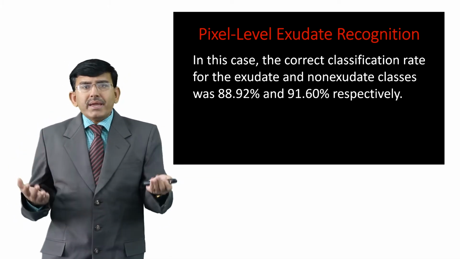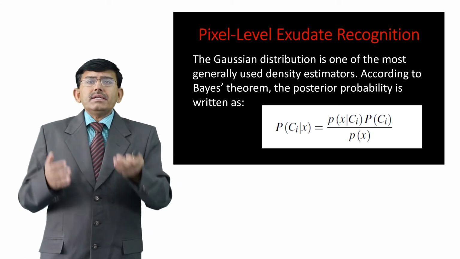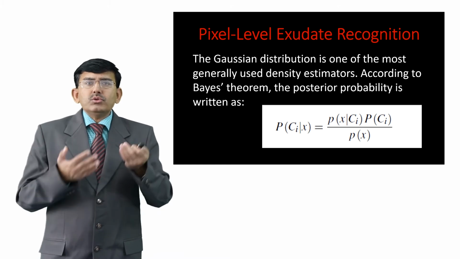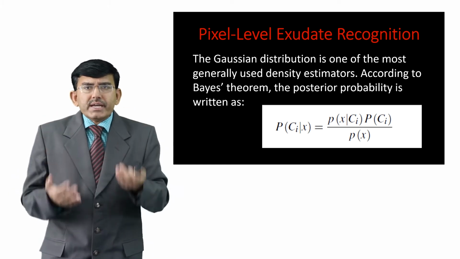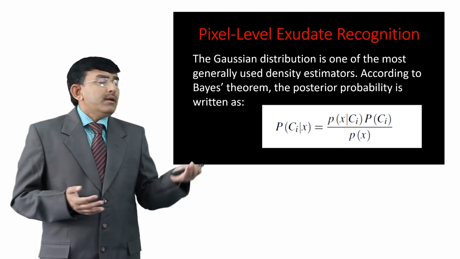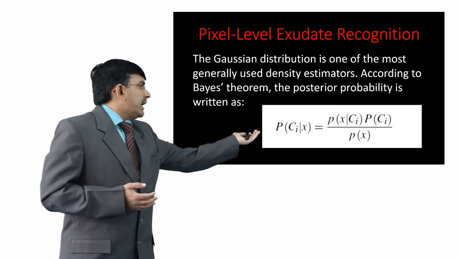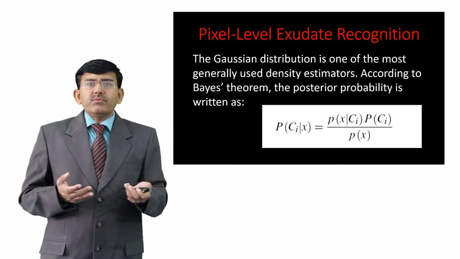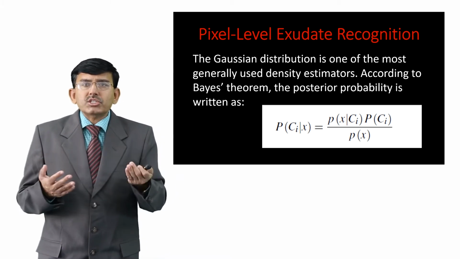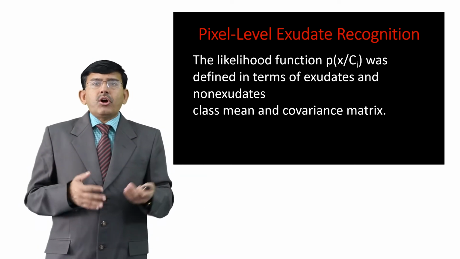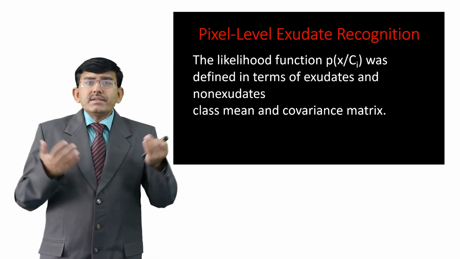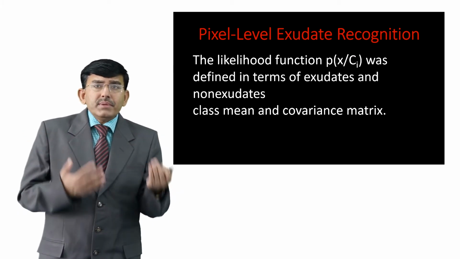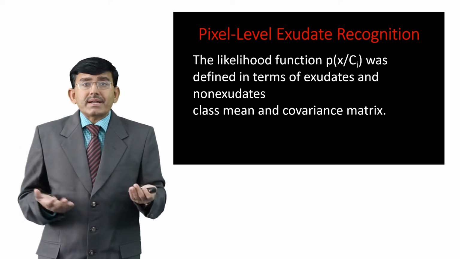respectively for the images. The Gaussian distribution is one of the most generally used density estimators. According to Bayes' theorem, the posterior probability is calculated with the help of this expression, where the probability of Ci given x will be calculated. The likelihood function, which is the probability of x given Ci, was defined in terms of the exudate and non-exudate class mean as well as the covariance matrix.